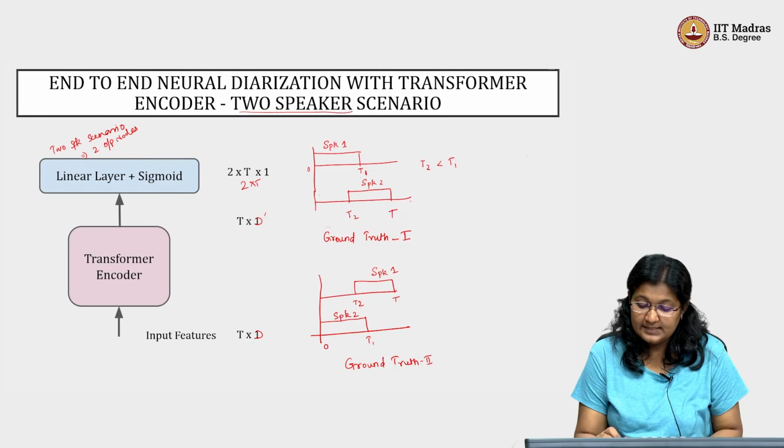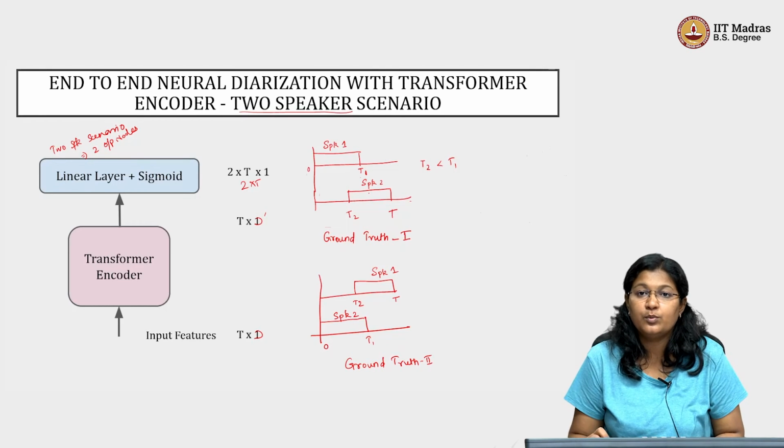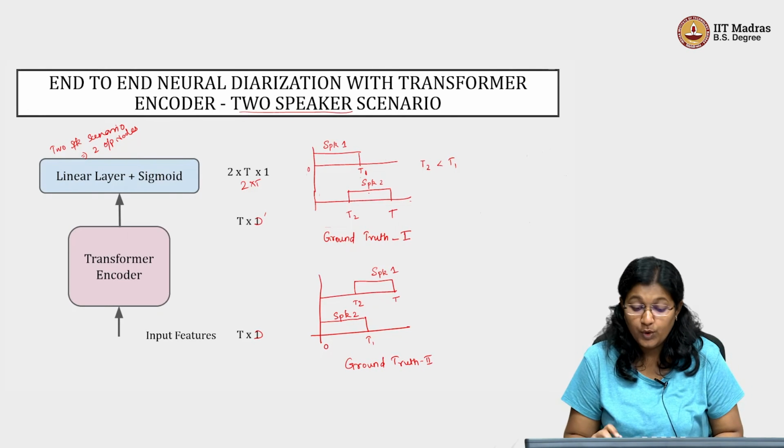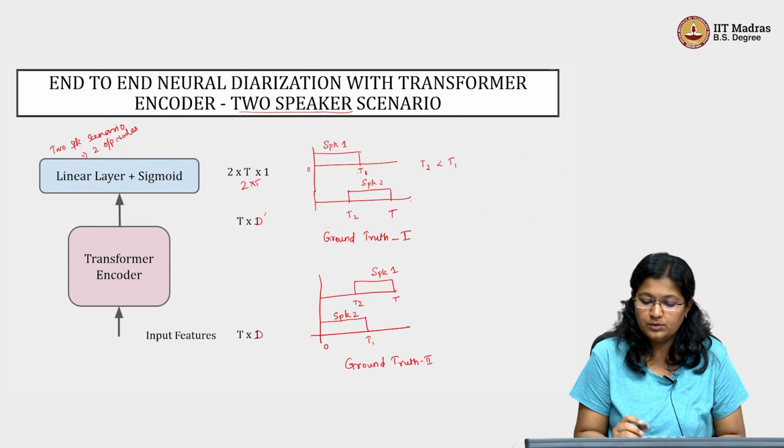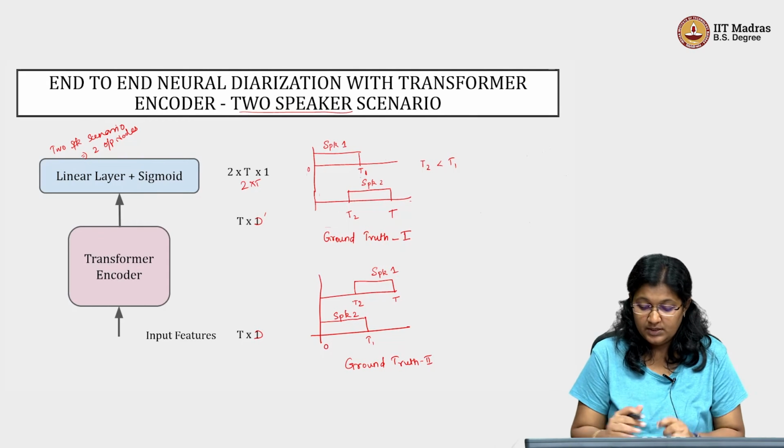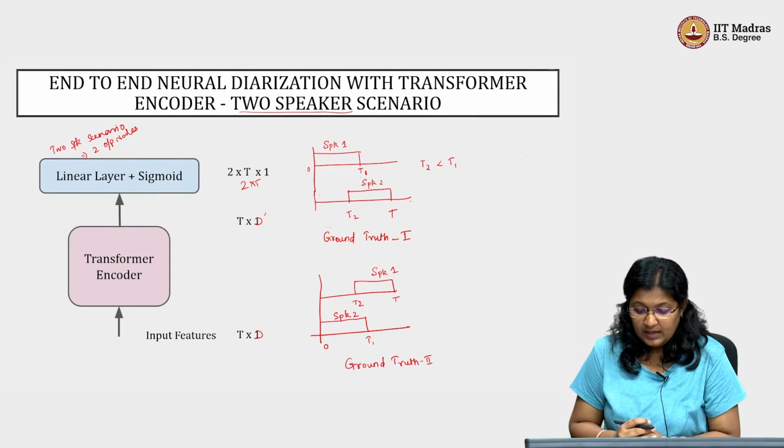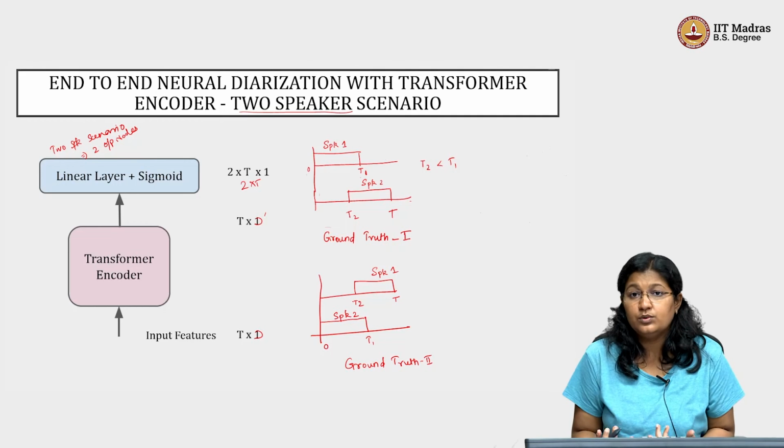So, is this different from this ground truth or both are the same? What would you say? Here I am saying speaker 1 speaks from 0 to T1, but here I am saying speaker 1 speaks from T2 to T. You know, it's interchanged. Actually, it doesn't matter, both are ground truths.